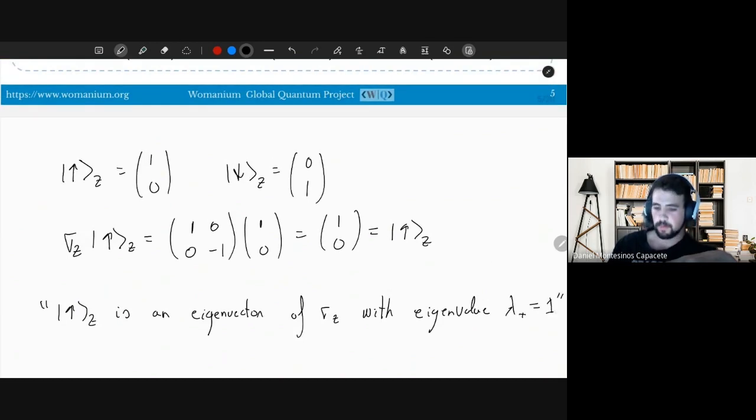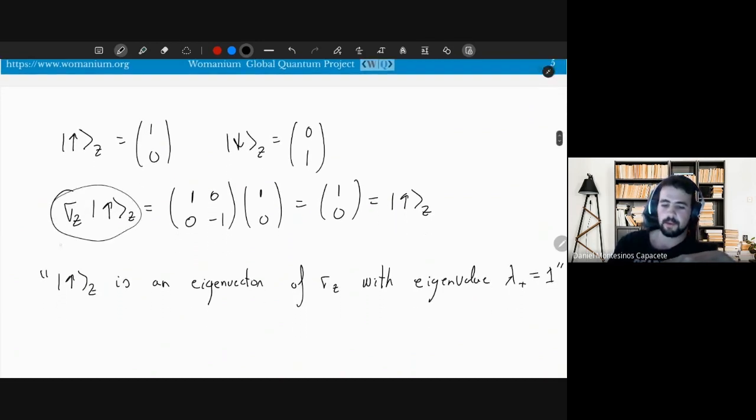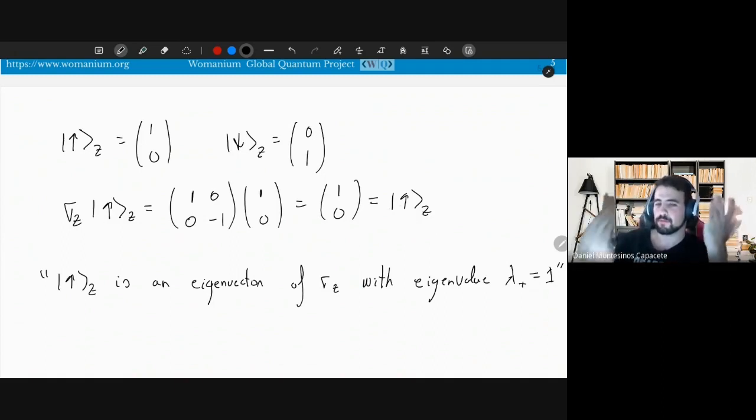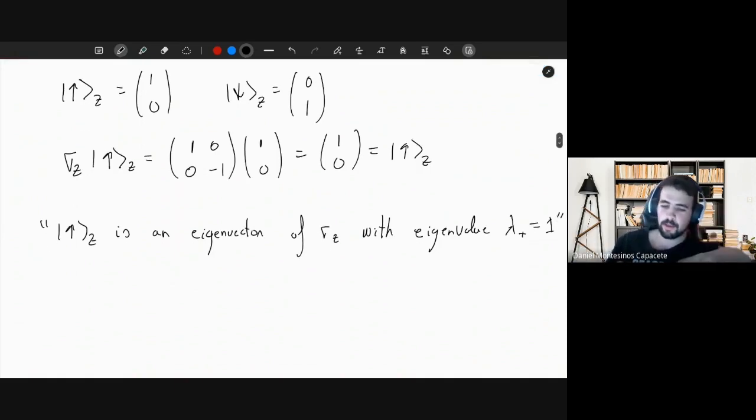Yeah, because if we apply the operator to our vector, we get the very same vector multiplied by 1, right? In this case, it's quite simple because we are just multiplying by 1. If you do the same for the down vector, you will basically get this here. So in this case, the eigenvalue is -1, right?